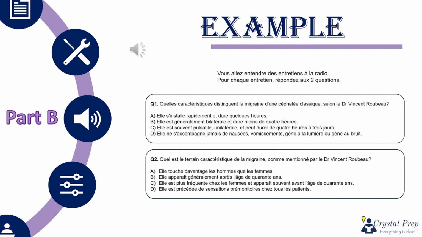Elle s'accompagne le plus souvent de nausées, vomissements, d'une gêne à la lumière ou d'une gêne au bruit. Et elle a tendance à être intensifiée par l'activité physique. Elle se caractérise aussi par son terrain parce qu'on sait qu'elle est plus fréquente chez la femme. Elle touche 3 fois plus la femme que l'homme. Elle apparaît le plus souvent avant l'âge de 40 ans, chez 9 patients sur 10. Et elle peut être précédée de sensations prémonitoires à type de somnolence, de fatigue, de faim, de douleur abdominale. C'est en ça que c'est une céphalée particulière.